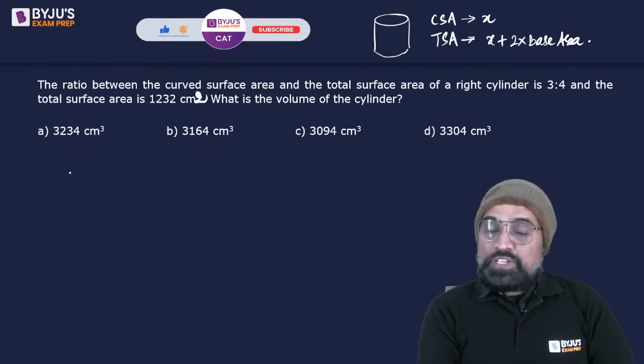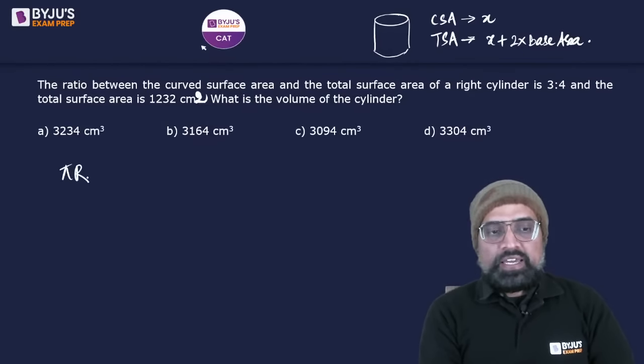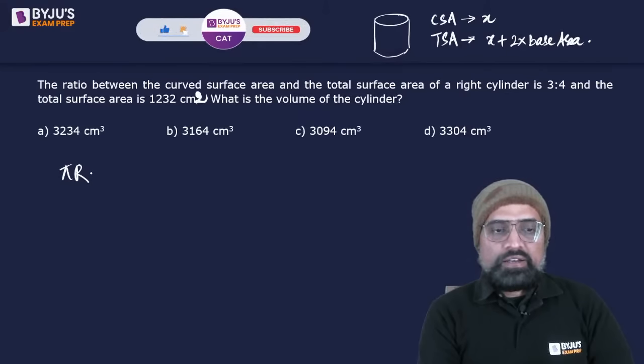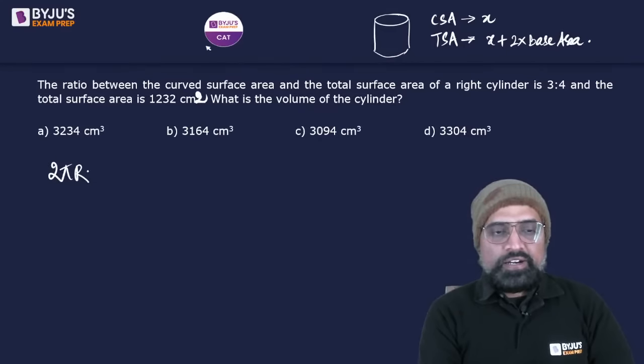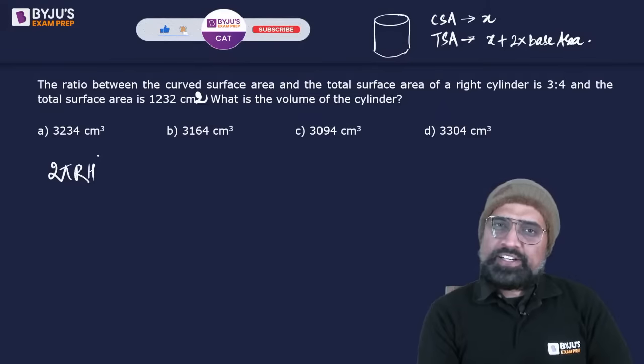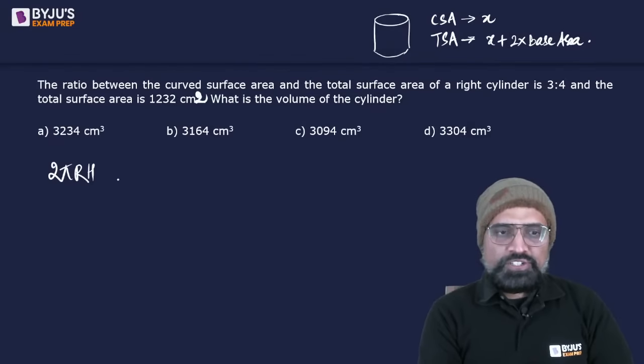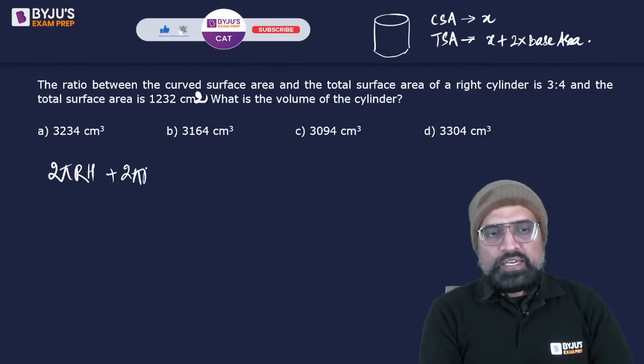So total surface area is given as 2 pi r h, let's take the height of this cylinder to be h, plus 2 pi r square. Let's take this as 4x square.